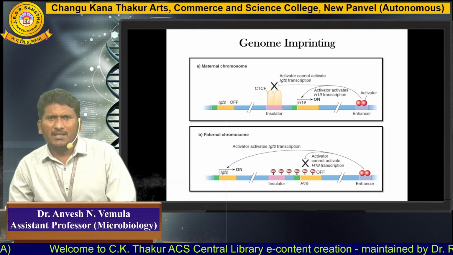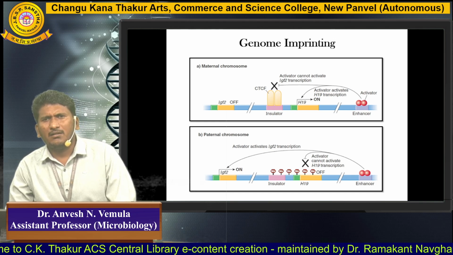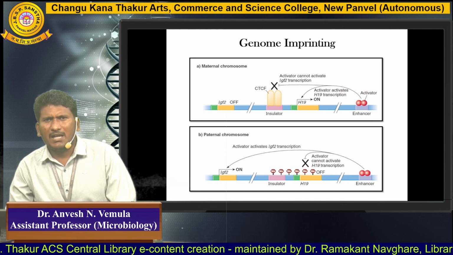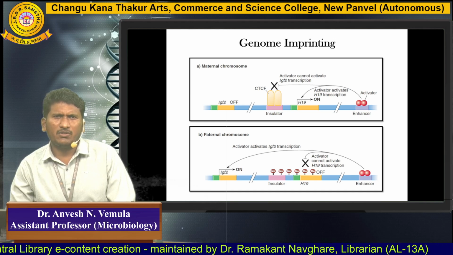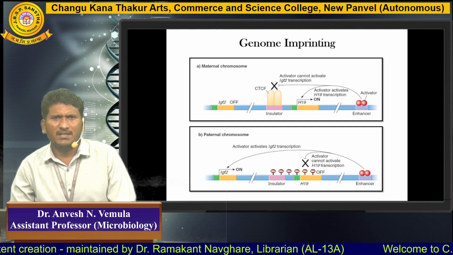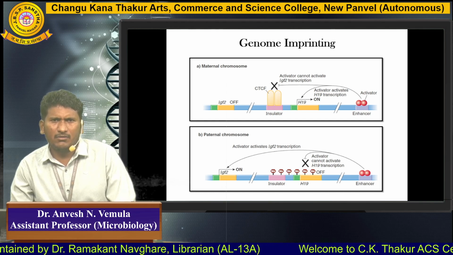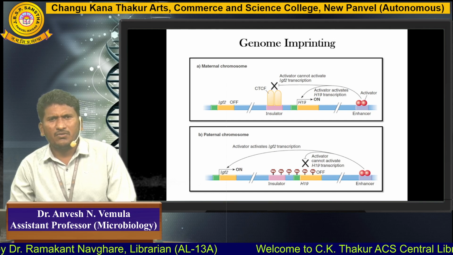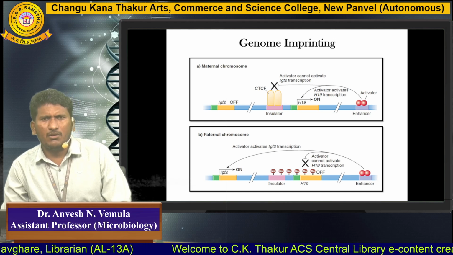When H19 is expressed, the enhancers located upstream of H19 help in its expression, and they block the expression of IGF2 with the help of an insulator which contains CTCF, so the activator cannot act on the expression of IGF2. So in the maternal chromosome, IGF2 is in the off state.